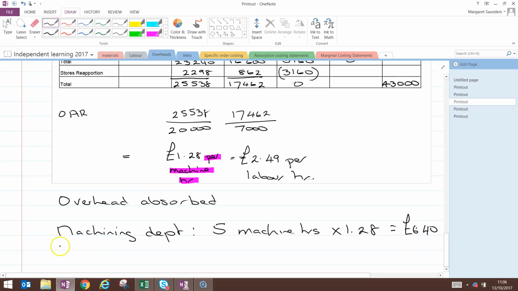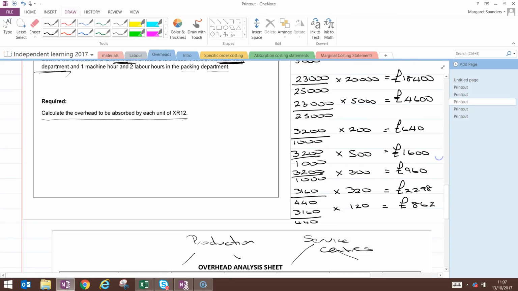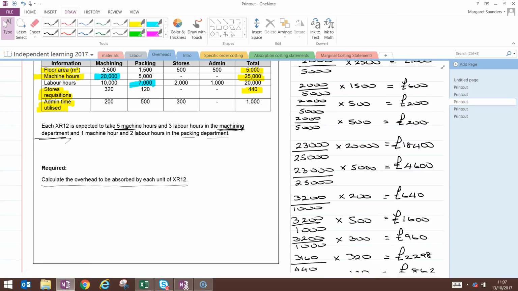In the packing, our absorption rate is labour hour. So we need to know the number of labour hours in the packing department for just one product. And there we have it, 2 labour hours.